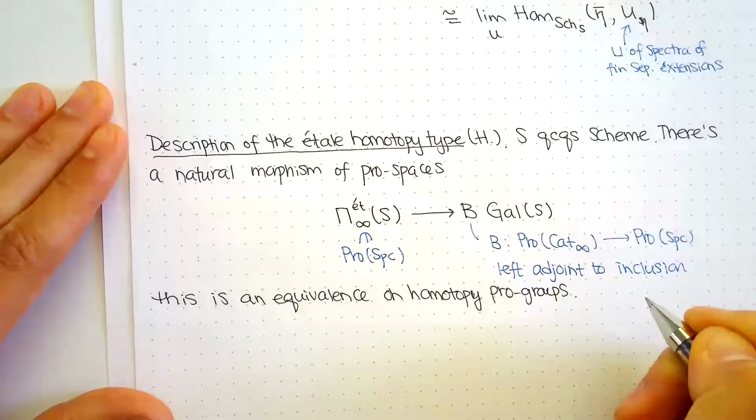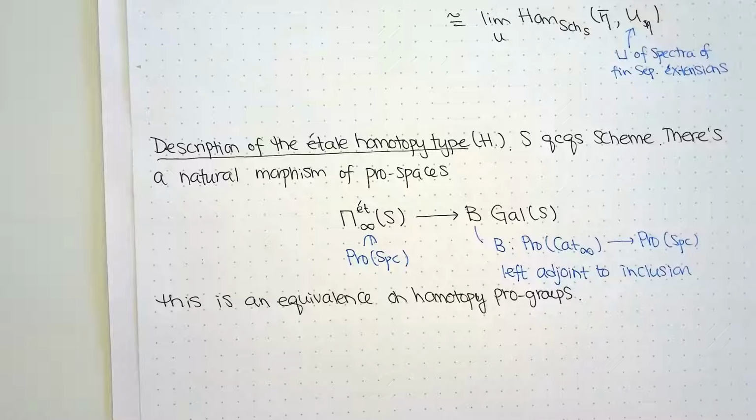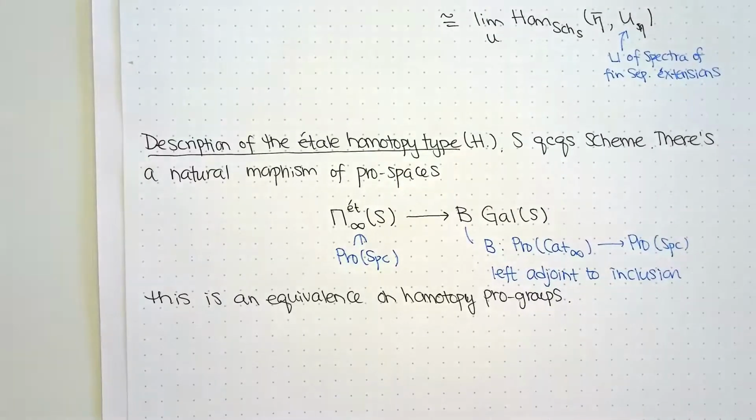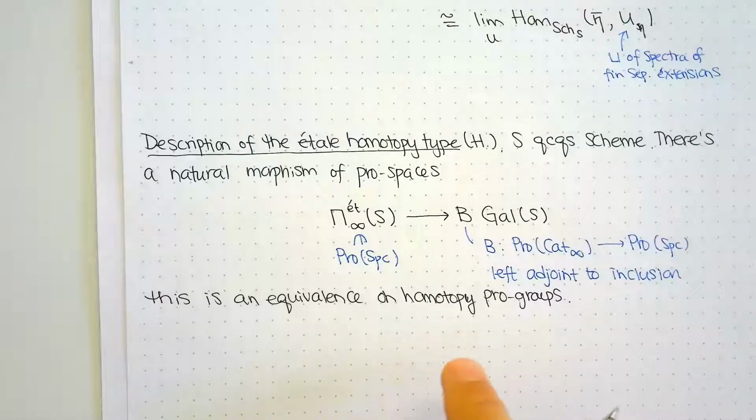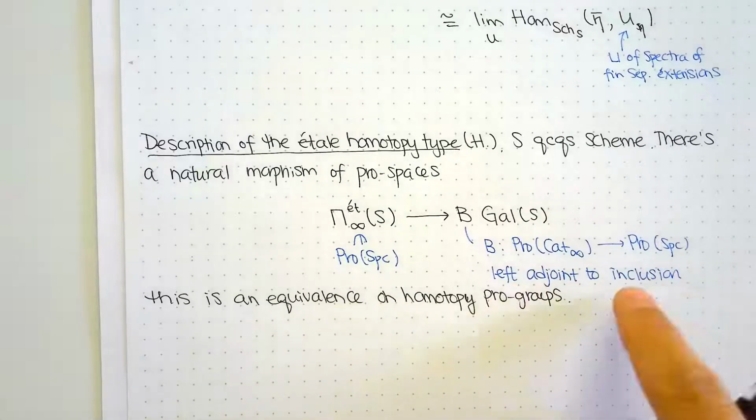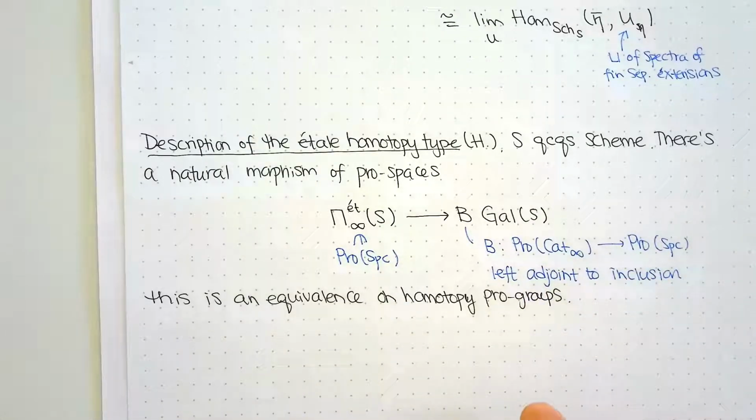For exactly the same reason that Vova was saying in the last talk, being an equivalence on homotopy pro systems of homotopy groups of pro spectra is not the same as being an equivalence. It's true for pro spaces, but anything that anyone has ever said about pro spaces was after inverting these equivalences on homotopy pro groups.